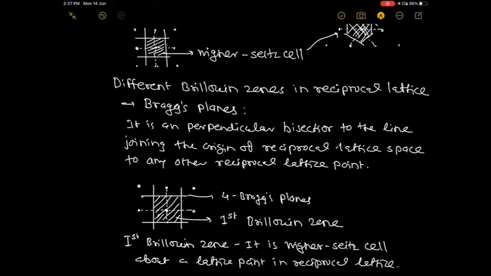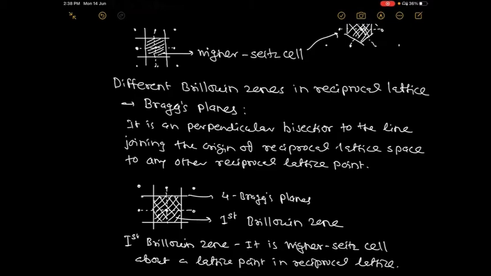Now we draw it here. Or it is also defined as the innermost region bounded by four Bragg planes. It is also known as the first Brillouin zone.